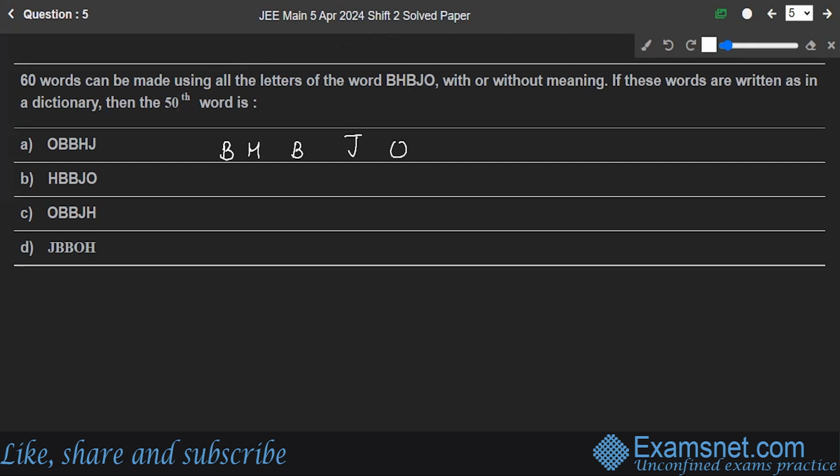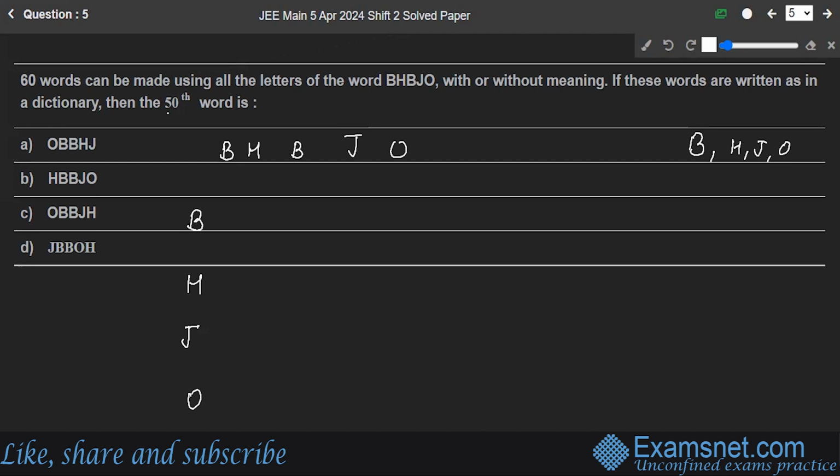So when I'm writing in the dictionary, first of all, you have different alphabets as B, H, J and O. First you have words starting with B, then words starting with H, then words starting with J, and lastly words starting with O. The letters can form words with or without meaning. When these are written, the 50th.